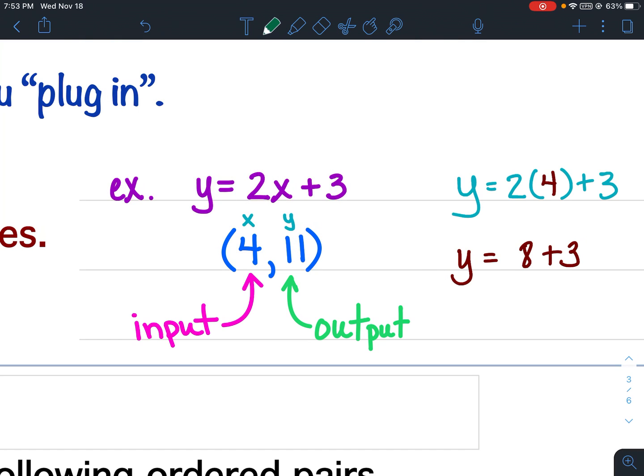And 8 plus 3 is 11. Notice I got the same thing here as right there. So 4 is my input value, 11 is the output. So the ordered pair (4, 11) is a solution to the equation y equals 2x plus 3.